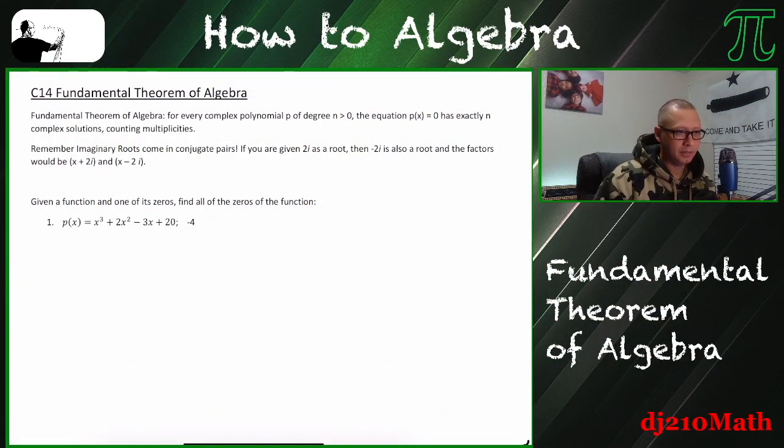All right, so let's get right into it. The fundamental theorem of algebra says that whatever the degree of the polynomial is, that polynomial will have exactly that many zeros, solutions, or roots, however you want to look at it. Whether it's a real number or a complex number. Technically, all real numbers are complex numbers.